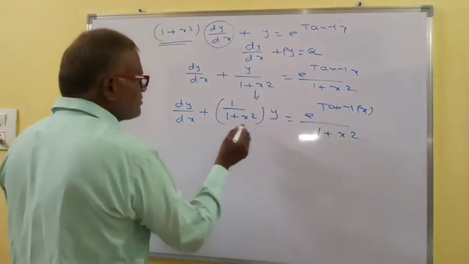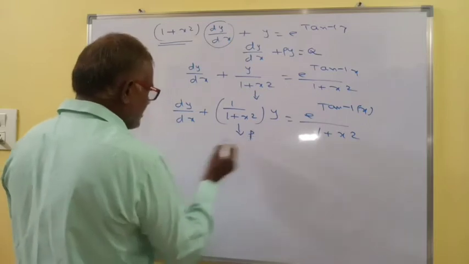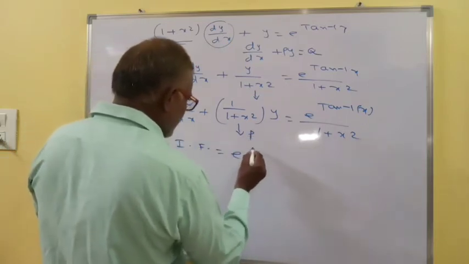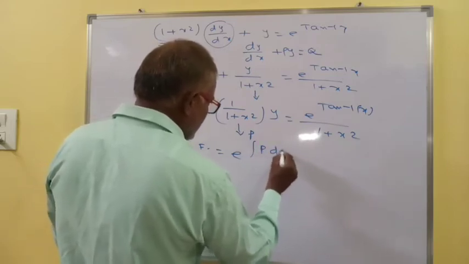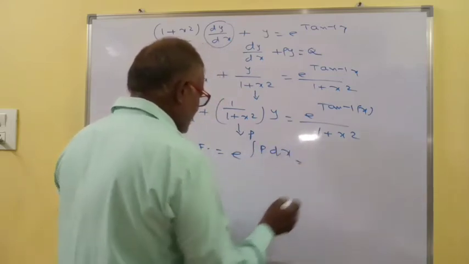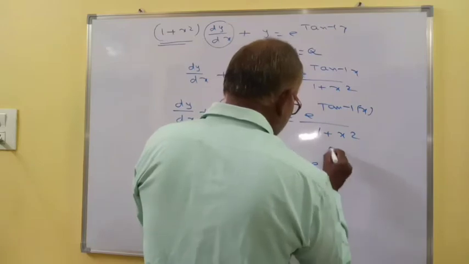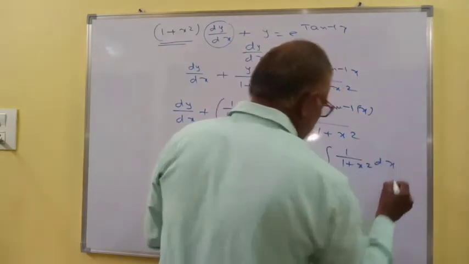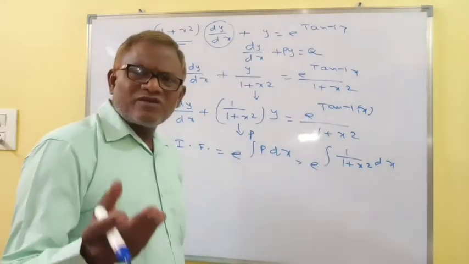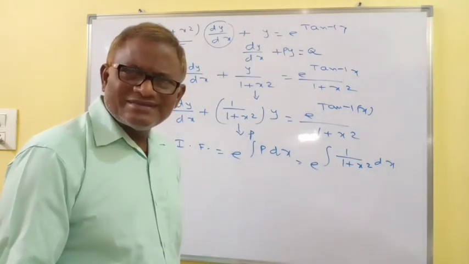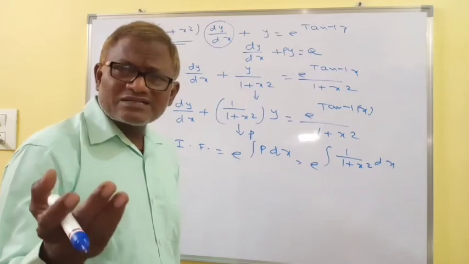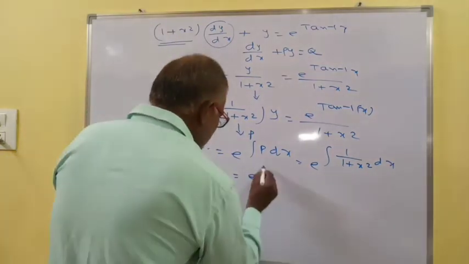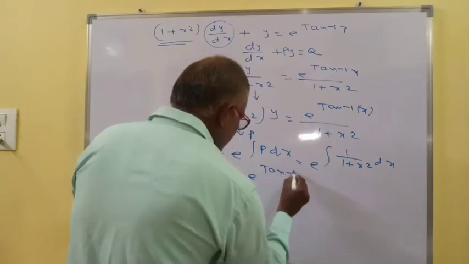So this is nothing but p. So IF is equal to e power integral p dx, that means e power integral 1 by 1 plus x square dx. Integral of 1 by 1 plus x square dx means tan inverse x. So e power tan inverse x, that's all.